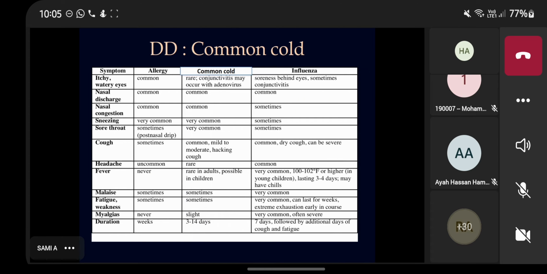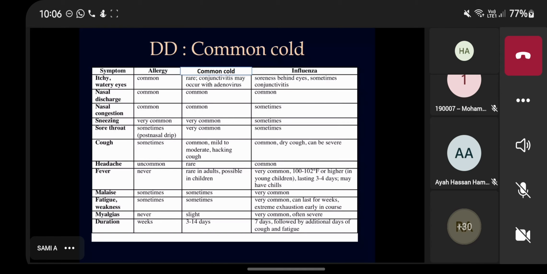Now, the differential diagnosis may include common cold, influenza, and allergy. Although the flu and common cold are both respiratory illnesses caused by different viruses, these two types of illness have similar flu-like symptoms. And sometimes, really at the beginning, it's very difficult to differentiate based on symptoms alone.